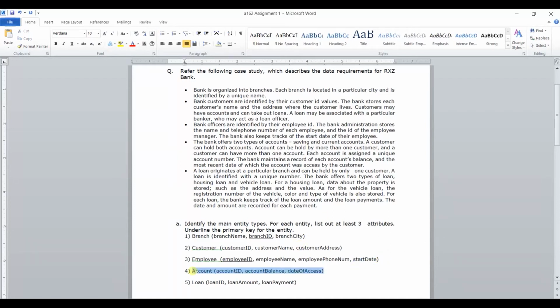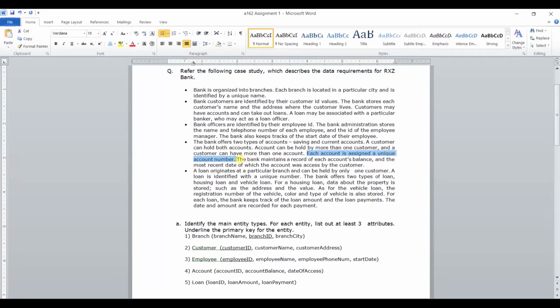The fourth entity is account. This can be found at the fourth paragraph here, account. It states that the bank offers 2 types of account. One is savings and one is current account. Here we can see that each account is assigned a unique account number, so I write it as account ID.